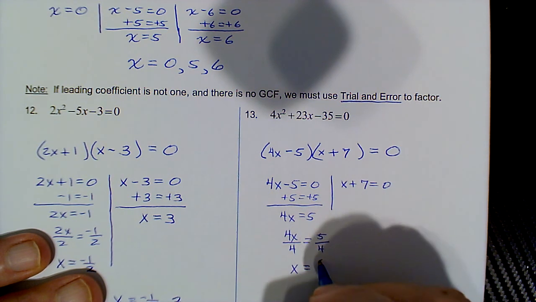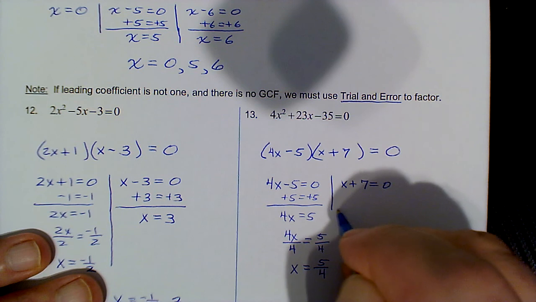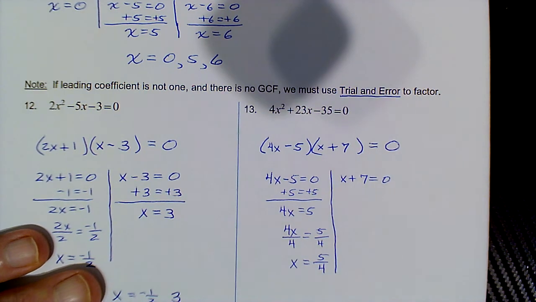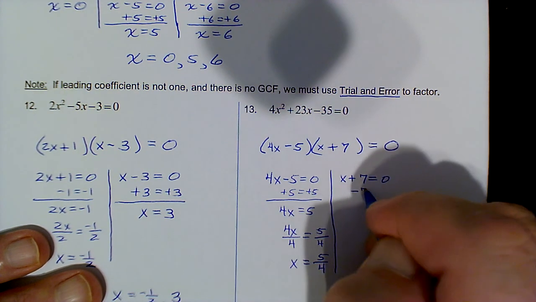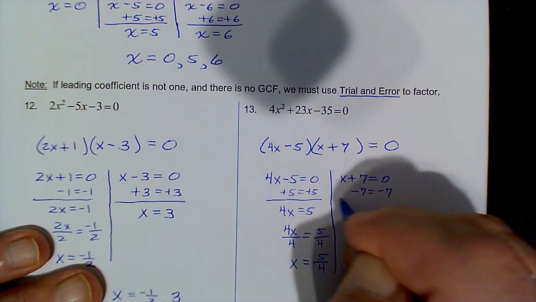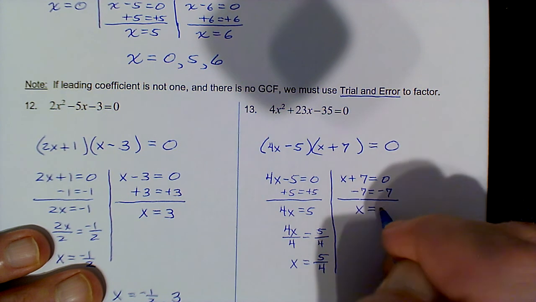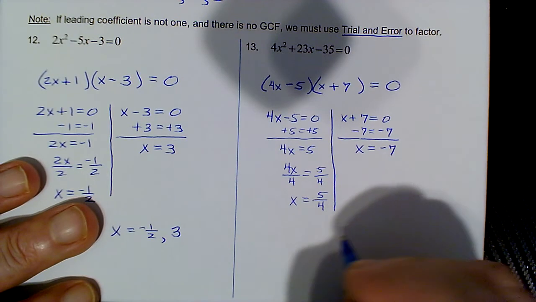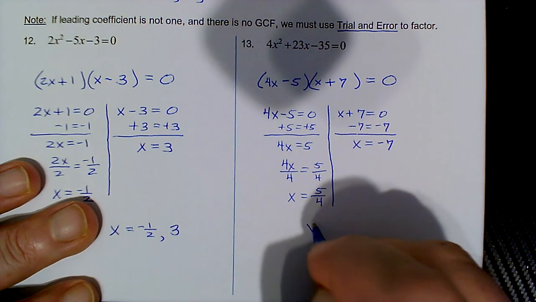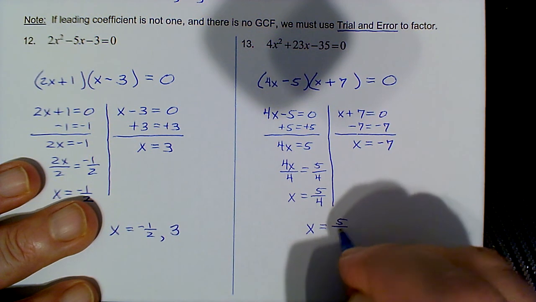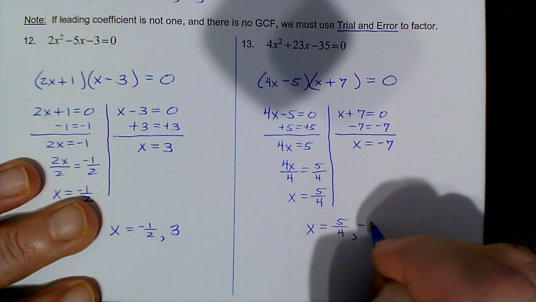So x is 5/4. And here just simply subtract 7. Alright, so summary of the solutions. X is 5/4 and negative 7.